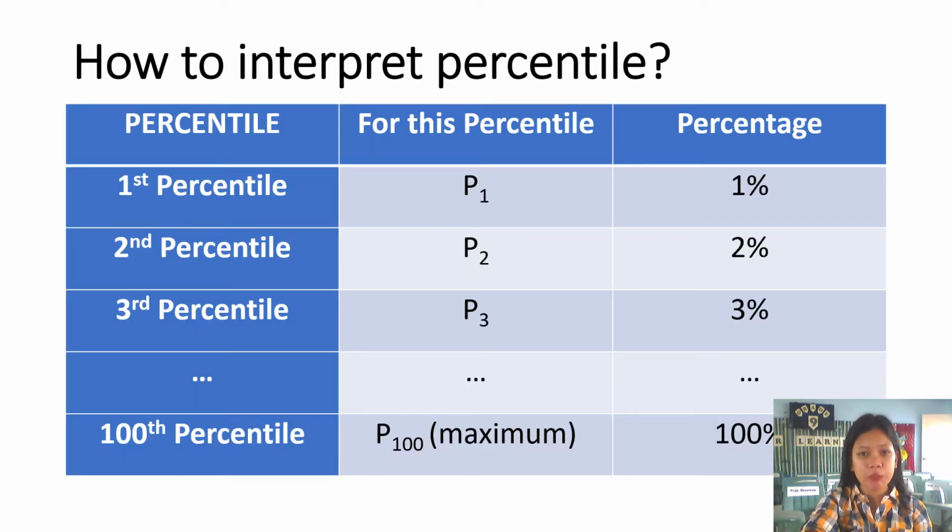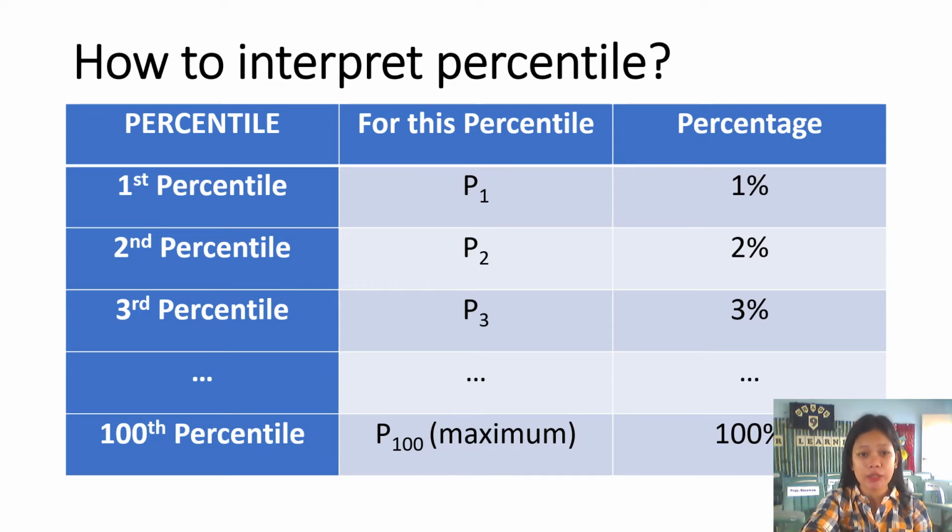How to interpret percentile? The equivalent for first percentile, or symbol P sub 1, is 1% in percentage. The equivalent for second percentile is 2% in percentage. The equivalent value for third percentile is 3% in percentage.